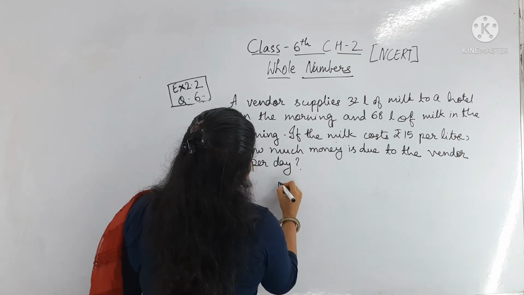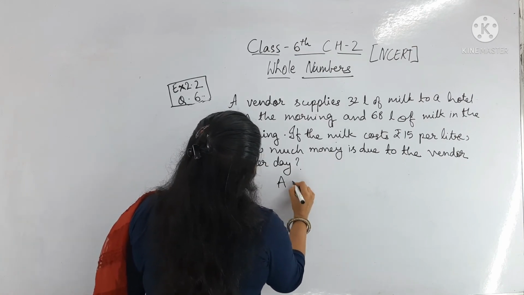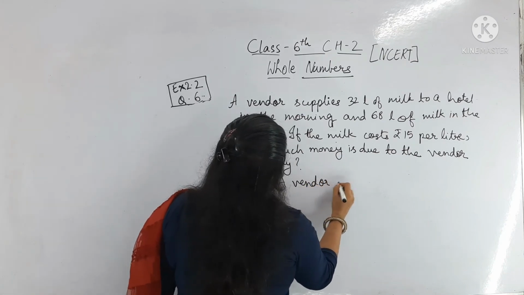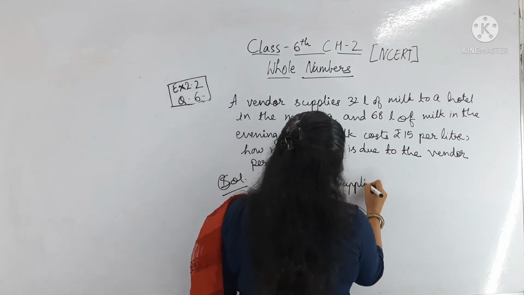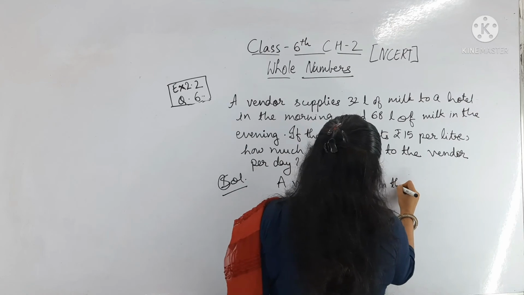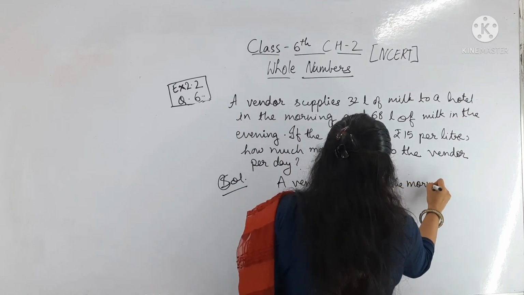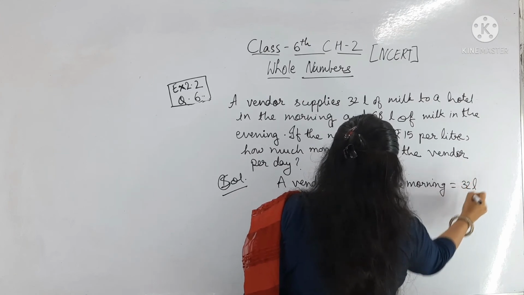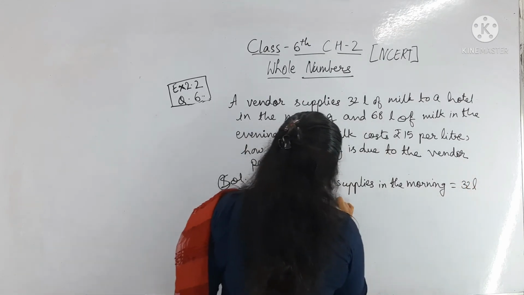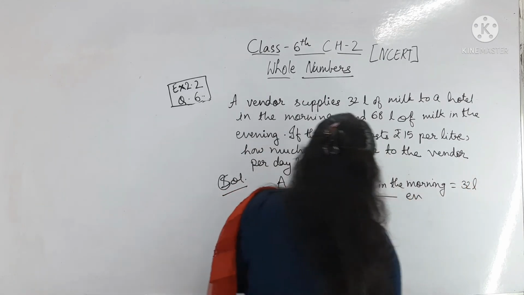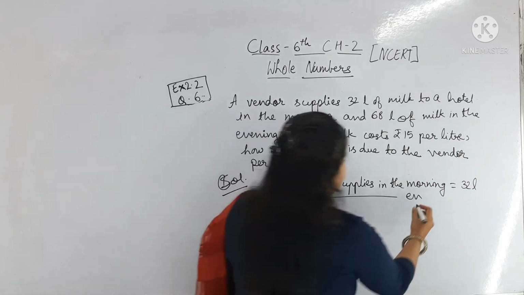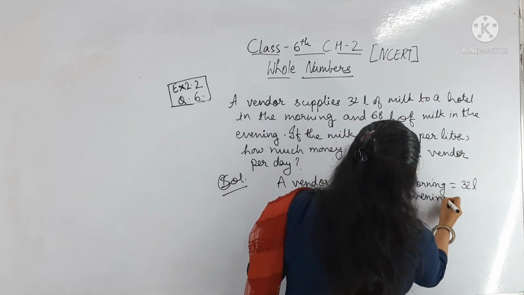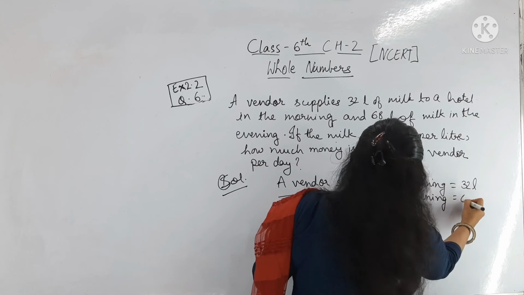In the morning, a vendor supplies, like this you have to write in the problem sum. In the morning is equal to 32 liter. Okay, a vendor supplies in the evening, same you have to write, equal to 68 liter.